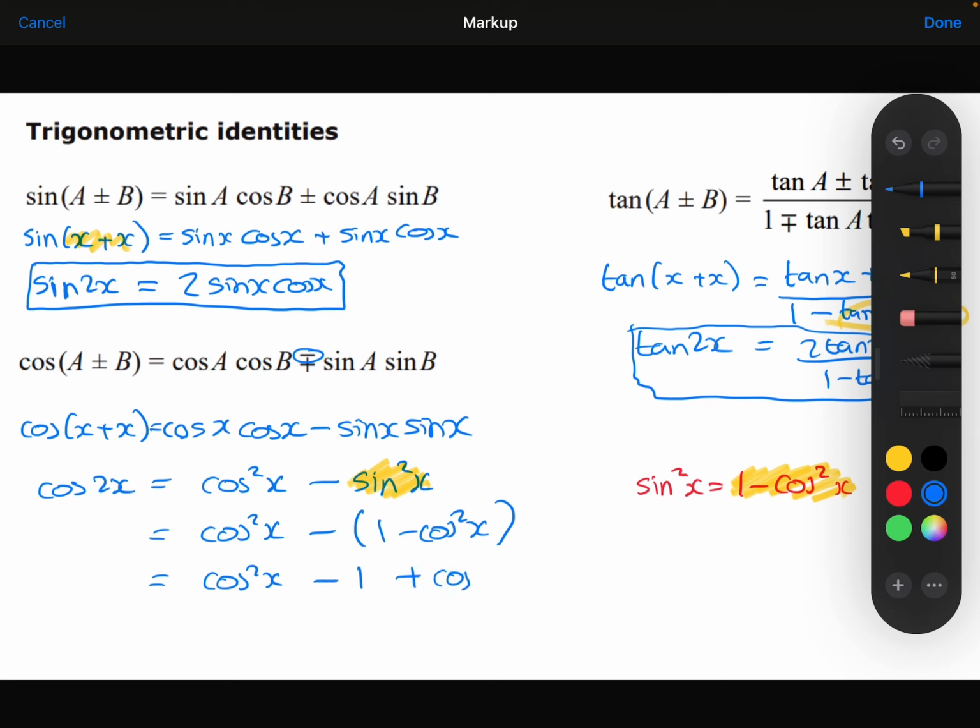The double negative would become a positive. And notice now we've got cos squared x plus cos squared x, which is 2 cos squared x, with the minus 1. And that was the second of the cos double angles I showed you a moment ago.